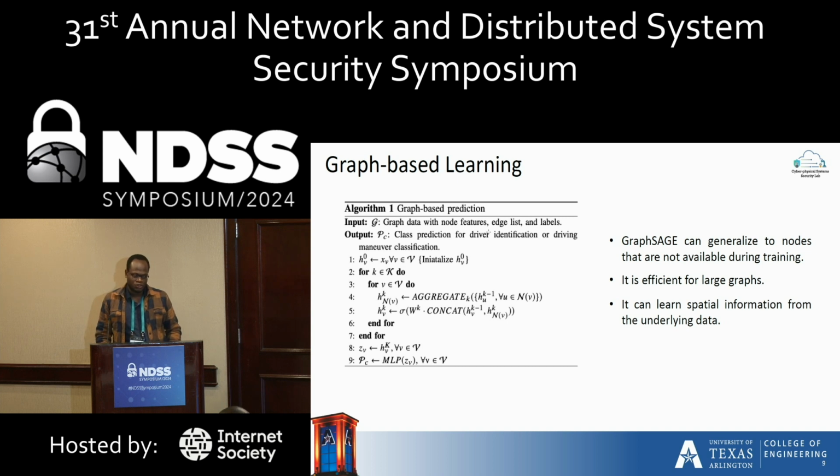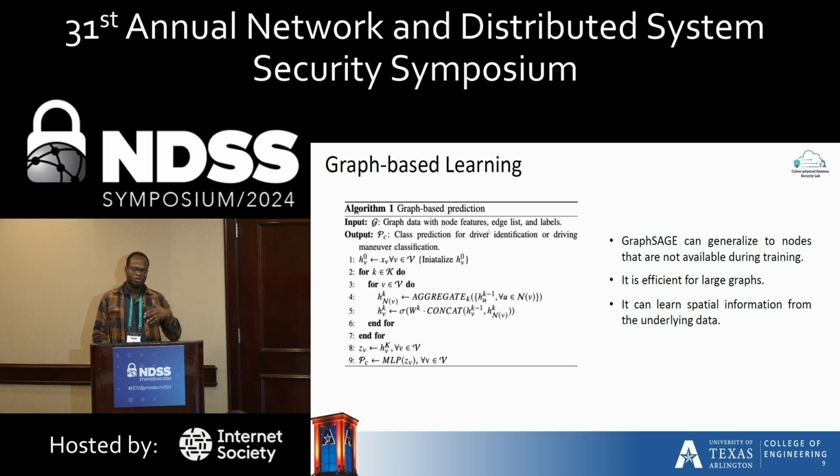The one we chose for our work is GraphSAGE, because it can generalize to nodes that it does not see during training, and it is very efficient for large graphs. The algorithm shows an overview of how it works. You have a node in the data which aggregates features from its neighbors.